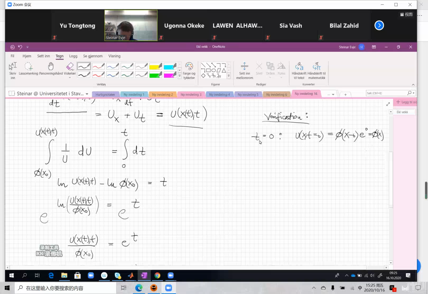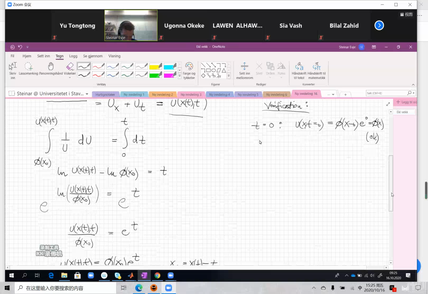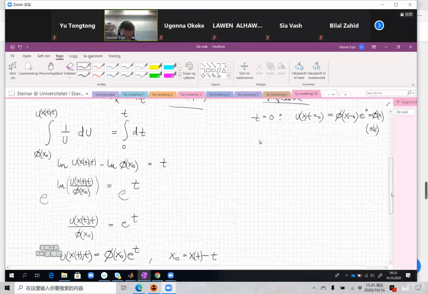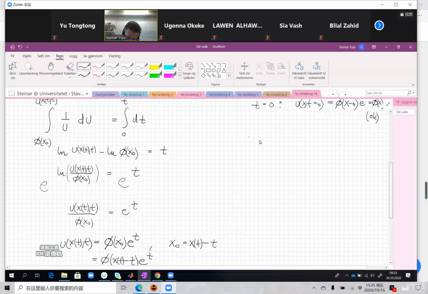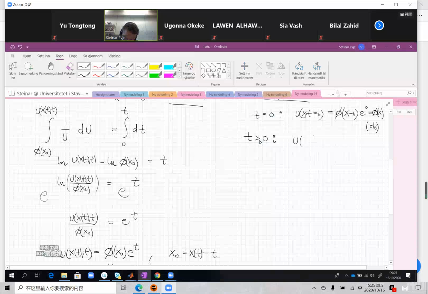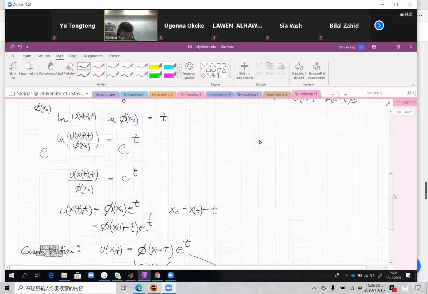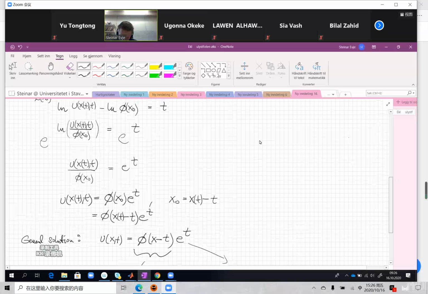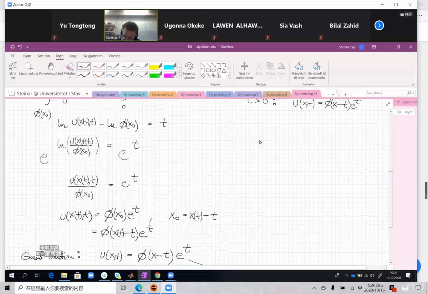So that is okay. And we have to check the solution itself. Let's just recall what it is like: φ(x - t) multiplied by e^t.